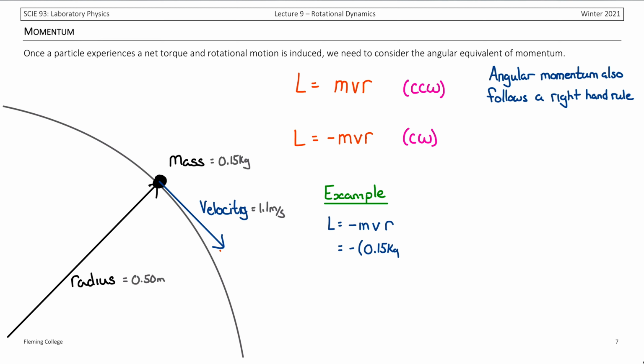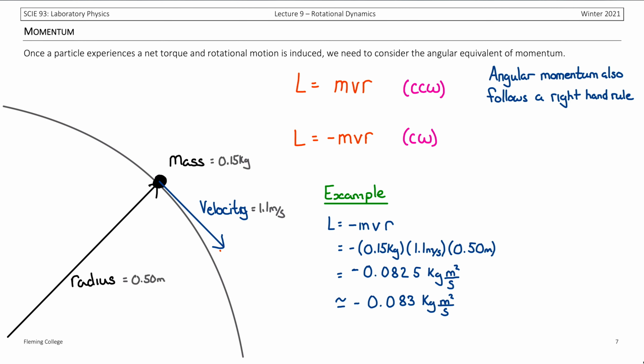We input our values, and our calculator tells us that this would be negative 0.0825, and our units are kilograms meters squared per second. This is slightly different than the units of normal momentum. And if we quickly consider our significant digits, this would be negative 0.083 kilogram meters squared per second.